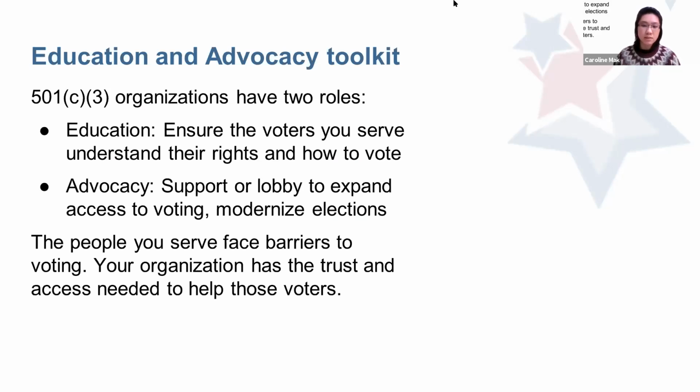Your organization has the trust and the access needed to help your voters. We've mentioned earlier that these policies especially benefit the people your nonprofit may serve: people who face housing instability or homelessness, people who lack transportation or have limited mobility, people whose daily lives and challenges may prevent them from remembering to update their address or having the time they need to learn about the offices.